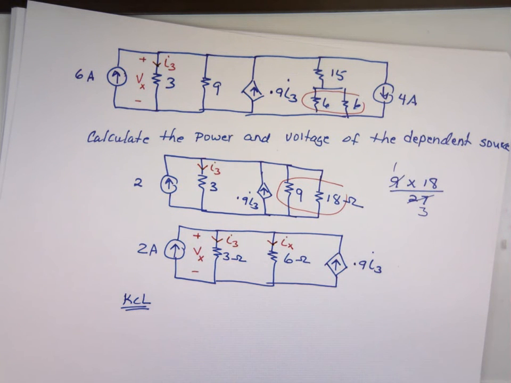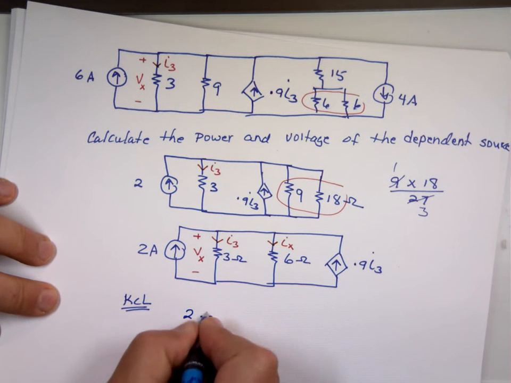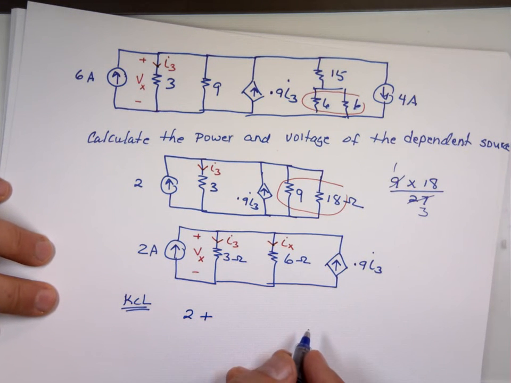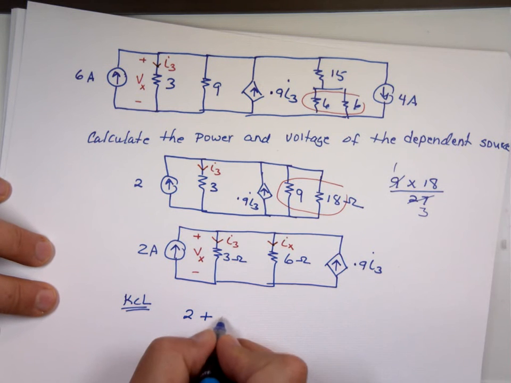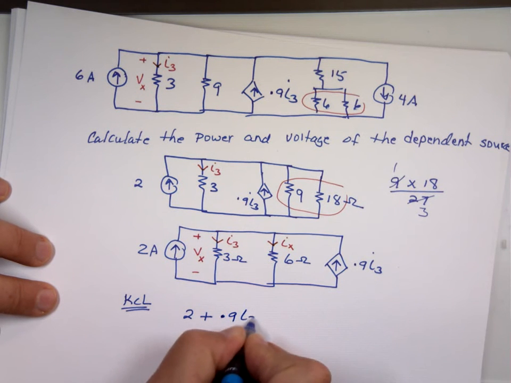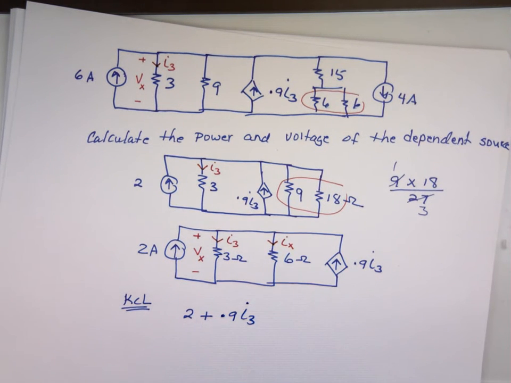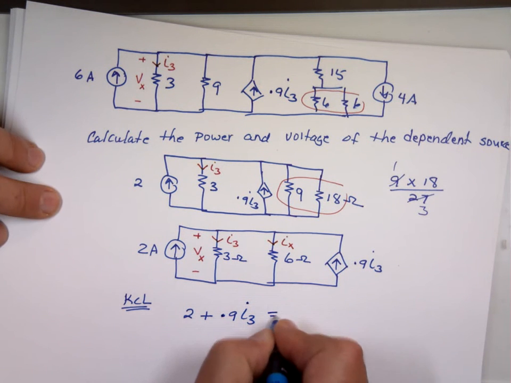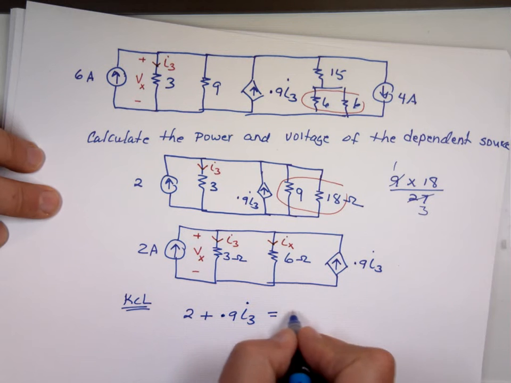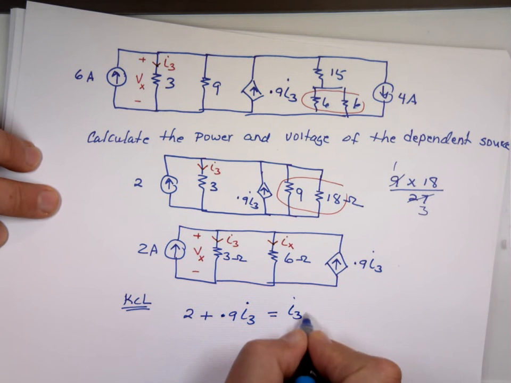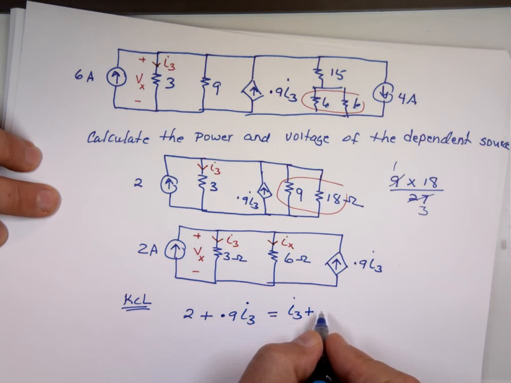So what's going to that node? 2. What else going to that node? 0.9 I sub 3. This and this going to that node. And what's leaving that node? V over 3, right? Well, let's just write this for now: I sub 3 plus I sub x.